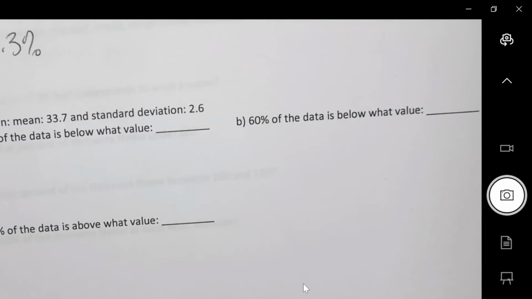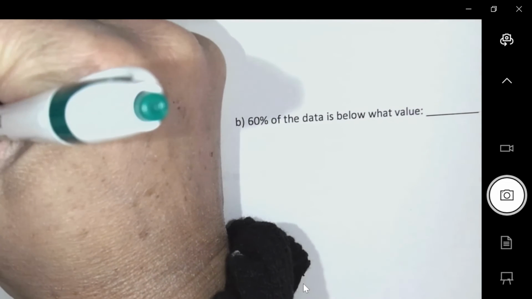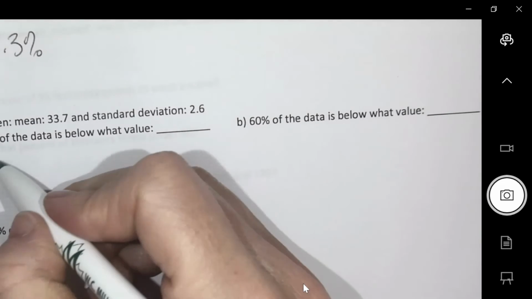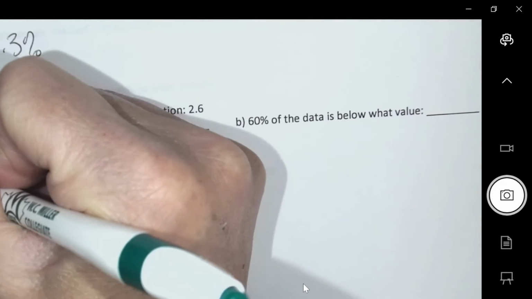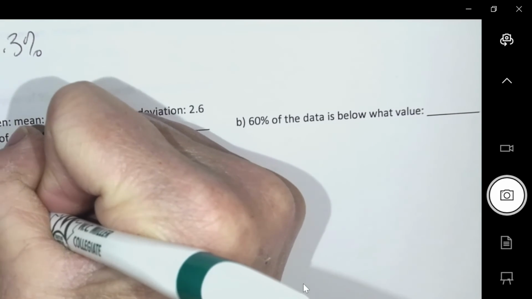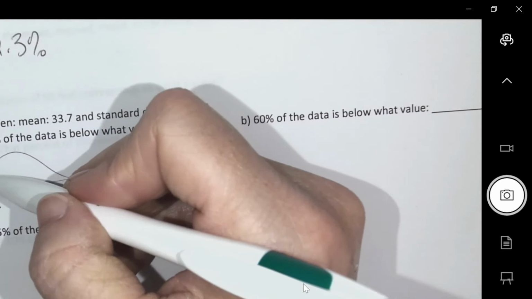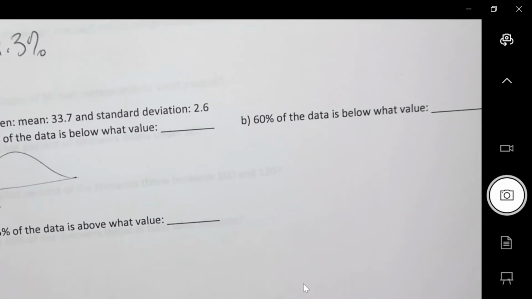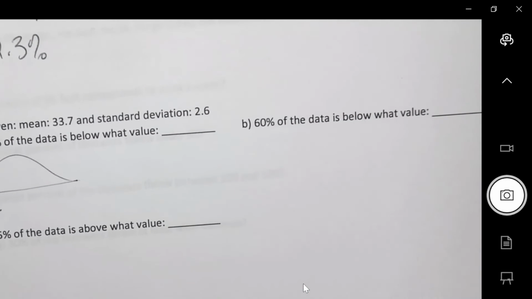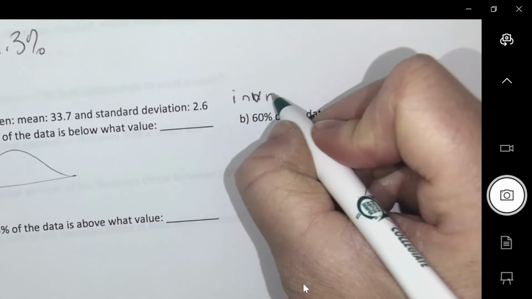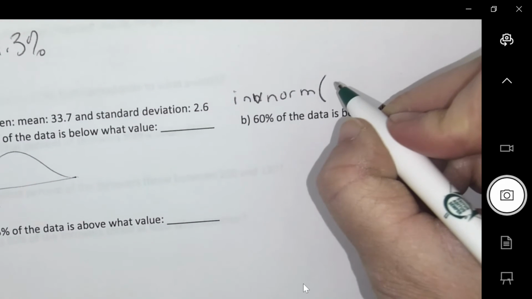Okay, this one's one of the maybe harder questions. Given that 10% of the data is below what value? This is what I'm trying to figure out. 10% of the data is below what? Okay, so this feature on your calculator is the button called inverse norm.